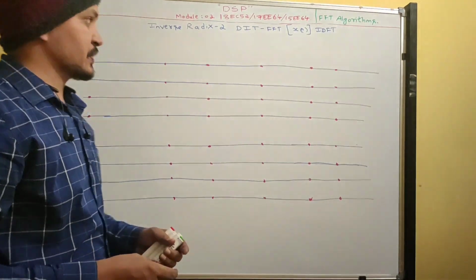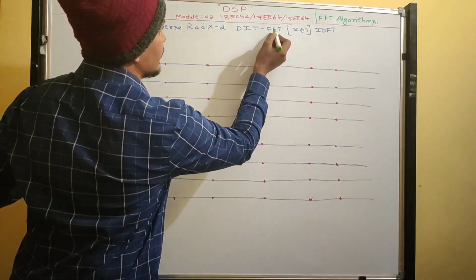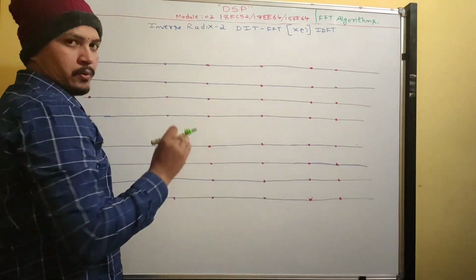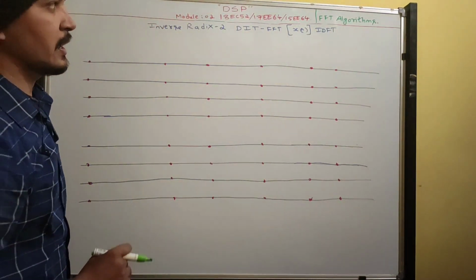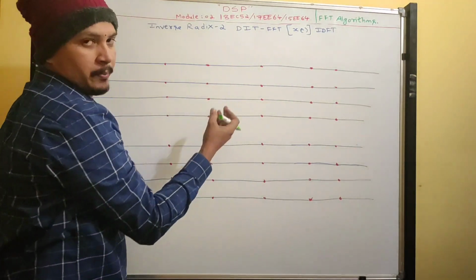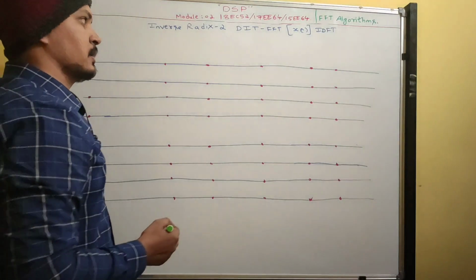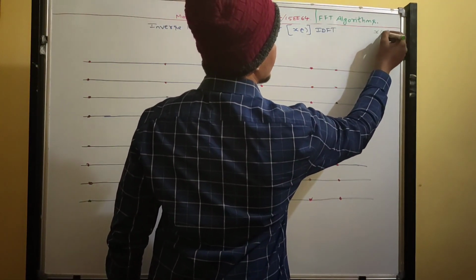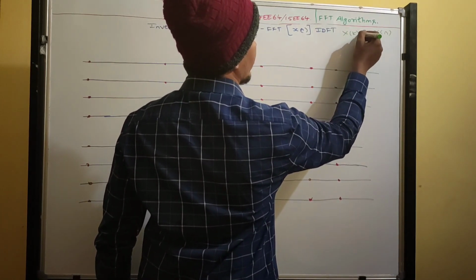Okay, guys, next one is inverse radix 2 DIT FFT. Keep in mind, inverse radix 2 is used to determine IDFT. In that we have two methods, decimation in time and decimation in frequency. So keep in mind, IDFT means output is x of n, input is x of k.